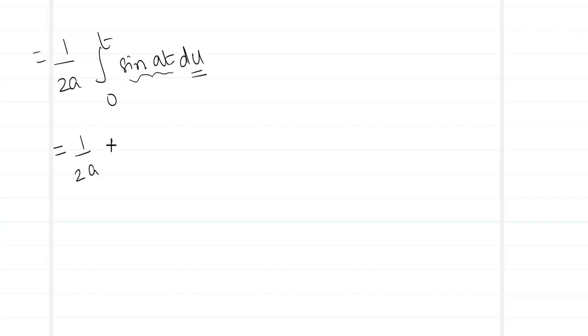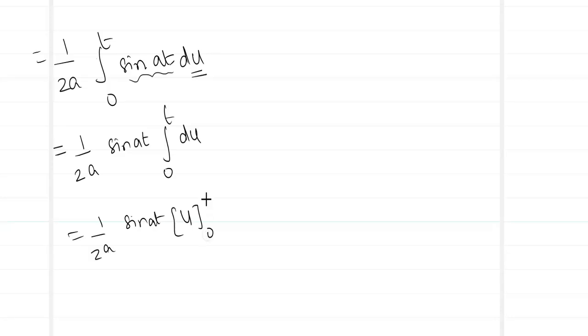So this constant can be brought outside the integration, leaving you with just du for integration. We know that du on integration gives you u between the limits 0 to t. So this gives me 1 by 2a sine at, and this upper limit minus lower limit will give me t.